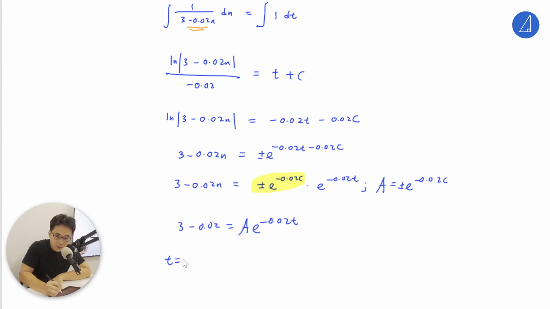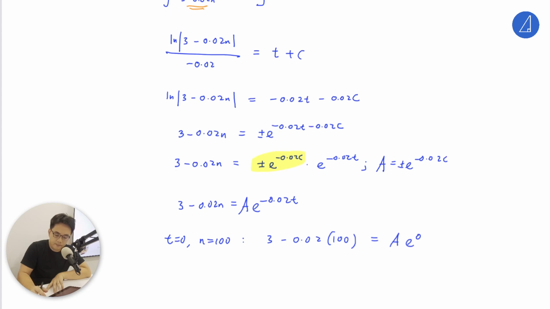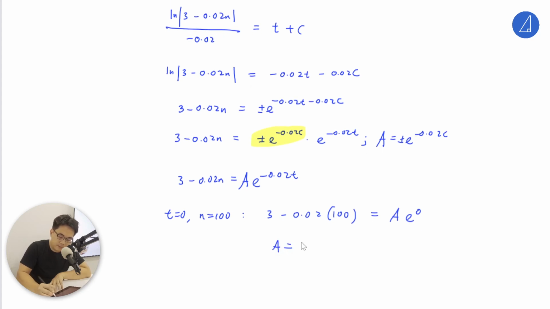So when t is equal to 0, N is equal to 100. So 3 minus 0.02 times N equals A, where N is here, so this is 100. So A e^0, so A is equal to 1.